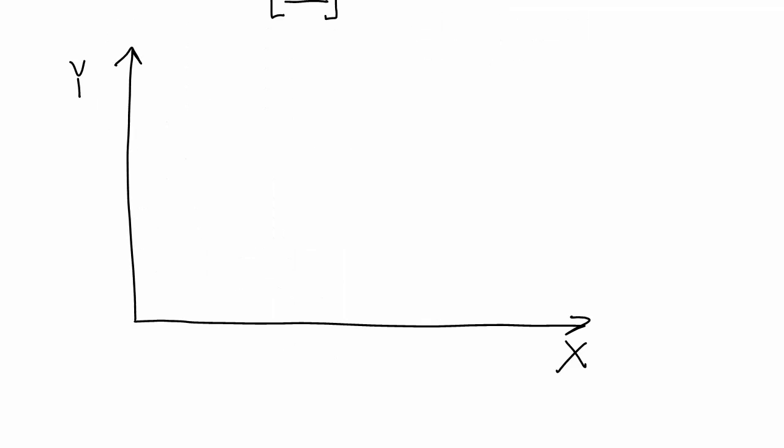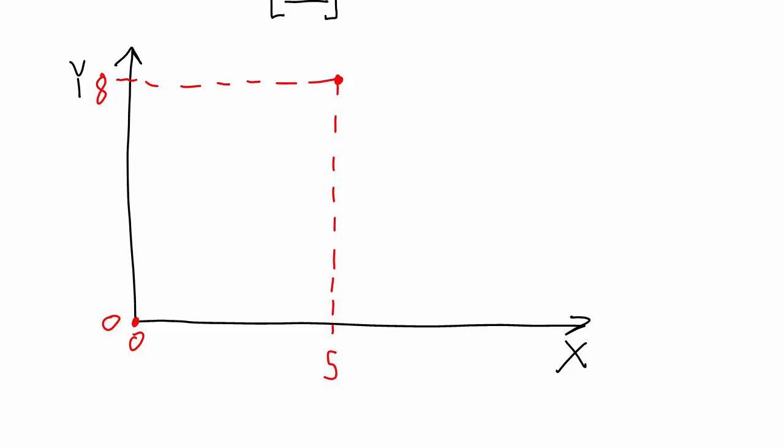Suppose that we say that the first point is at x equals 0, y equals 0. And suppose that we have a second point that is at x equals 5 and y equals 8.